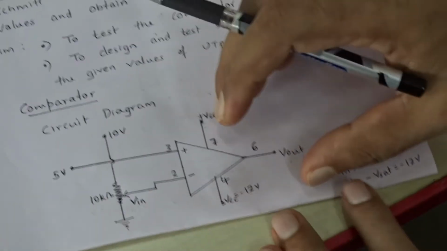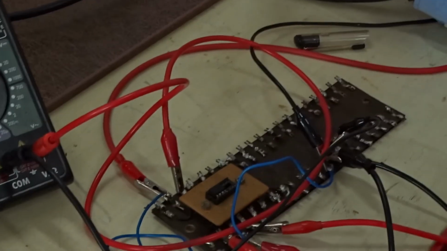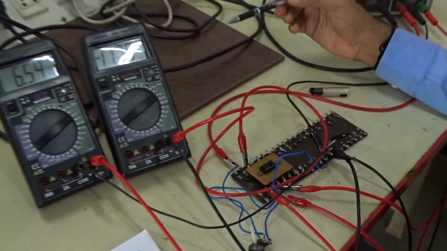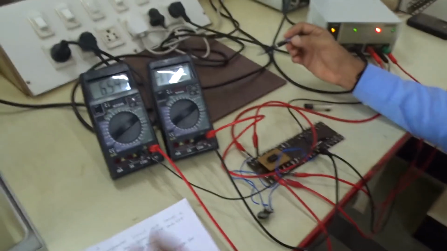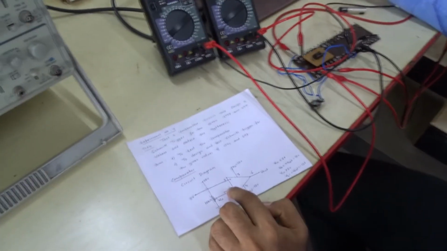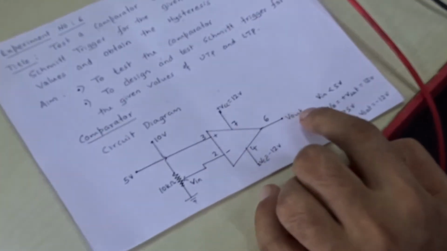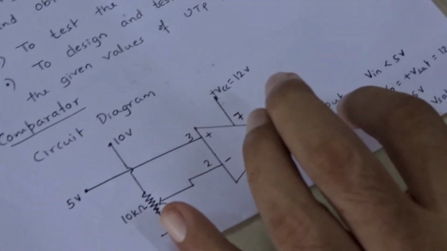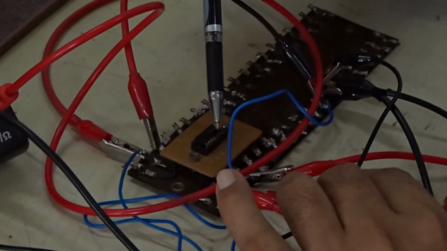The same circuit I have connected here, and now we will check the output by using multimeters, by varying the pot. I used here two multimeters, one to check the voltage of input, that is the voltage at the inverting terminal, and the other multimeter to check the output. Now this is the op-amp.